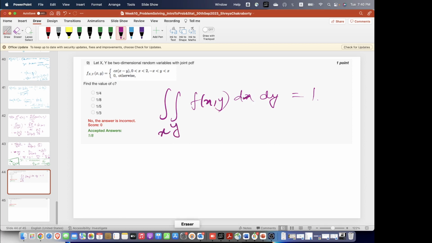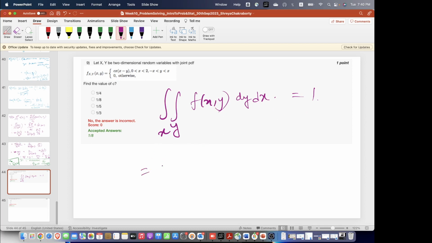Just reverse the order of integration. It doesn't matter in this case; in the case of a PDF it will not matter.